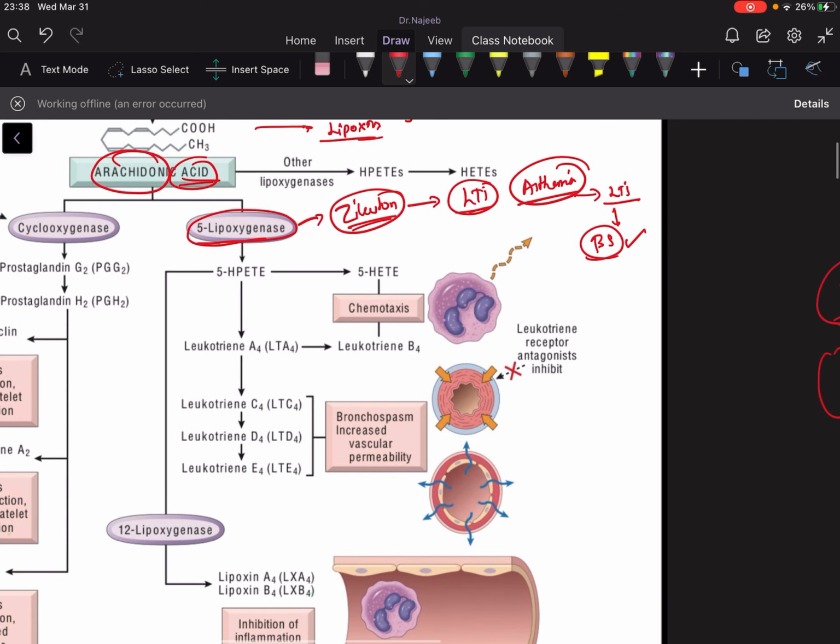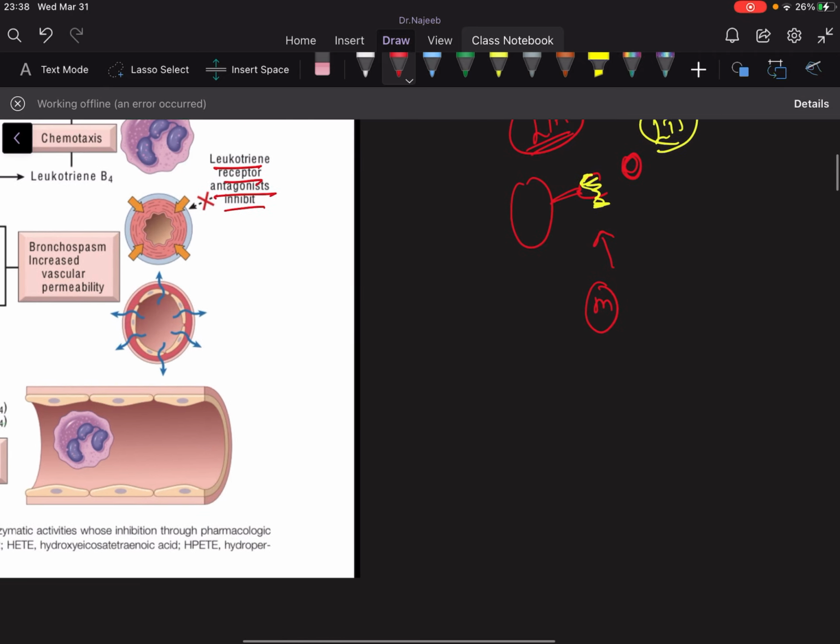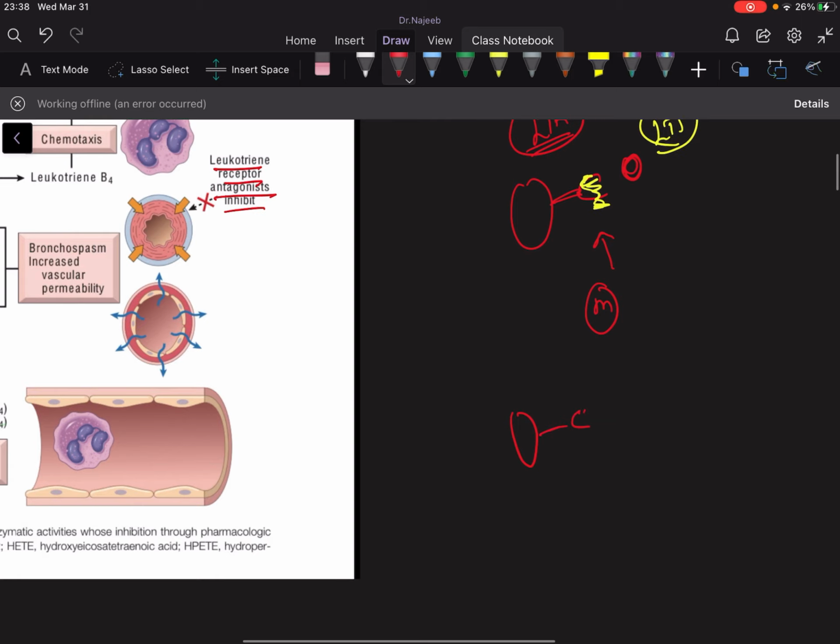Next we will talk about leukotriene receptor antagonists. These are the endothelial cells, and endothelial cells have this receptor. Leukotriene B4, C4 or D4 will come and bind to this leukotriene receptor.